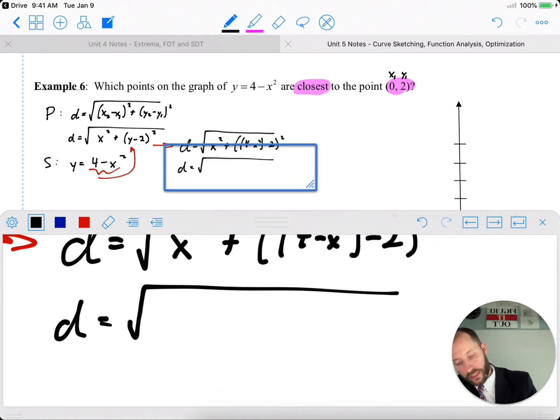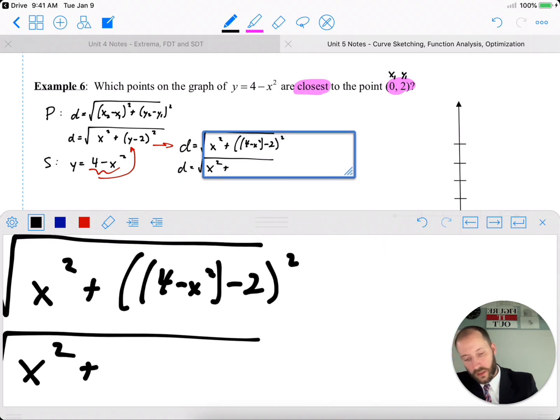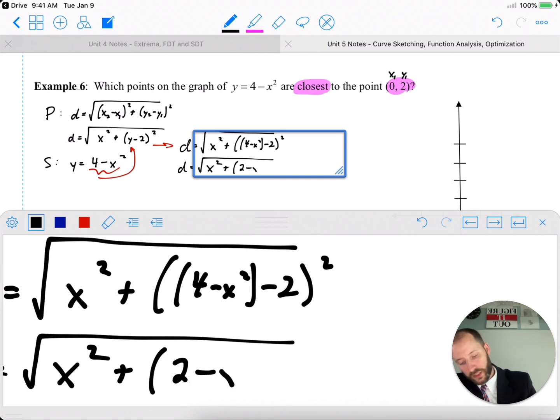So that is x squared plus 4 minus 2, so 2 minus x squared, squared.